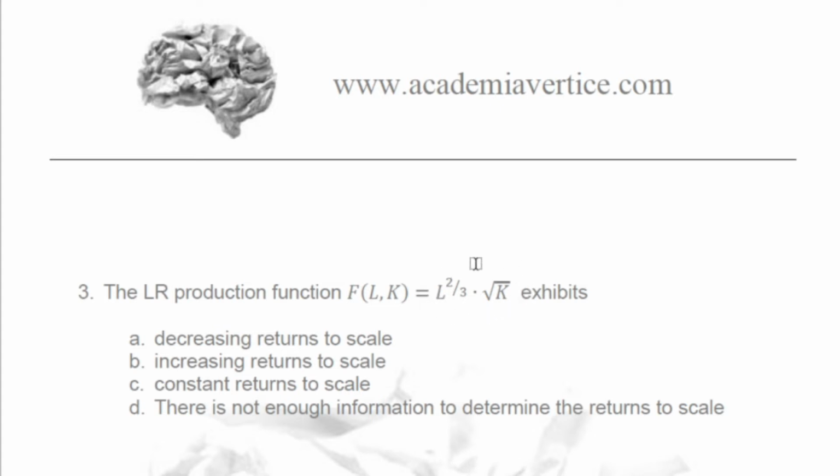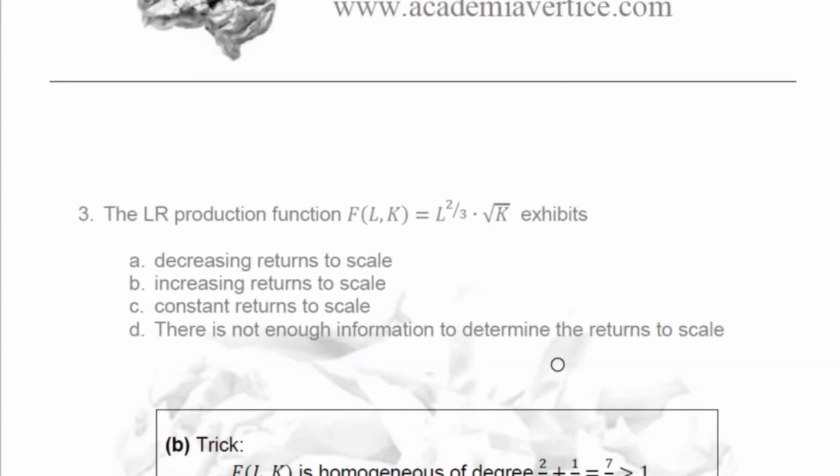The degree of homogeneity is the sum of the exponents, 2/3 plus 1/2, and that degree tells us about the returns to scale. 2/3 plus 1/2 is, if we operate, 7/6, and as it is greater than 1, we have increasing returns to scale.